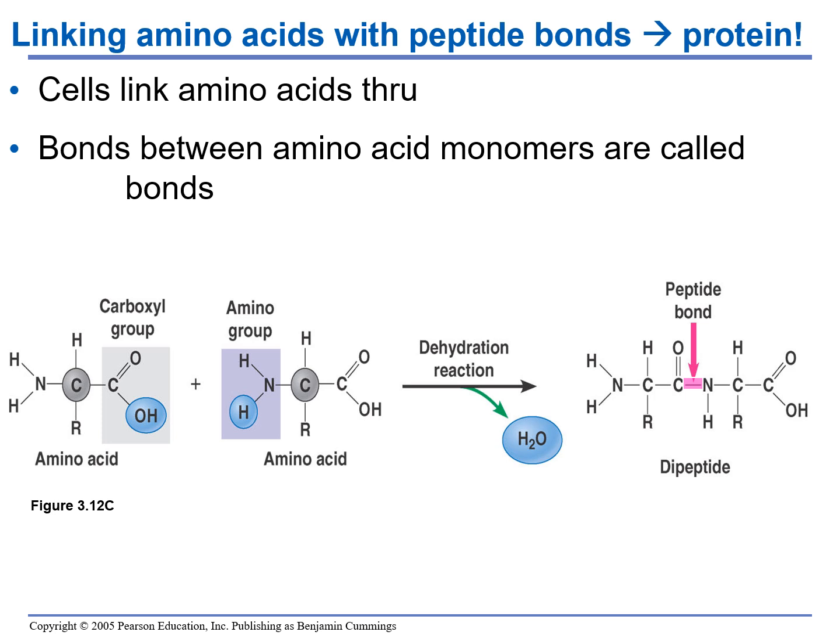So linking amino acids with peptide bonds. So cells link amino acids through dehydration synthesis. We learned on the prior slide what dehydration synthesis was, and these bonds between amino acid monomers are called peptide bonds.